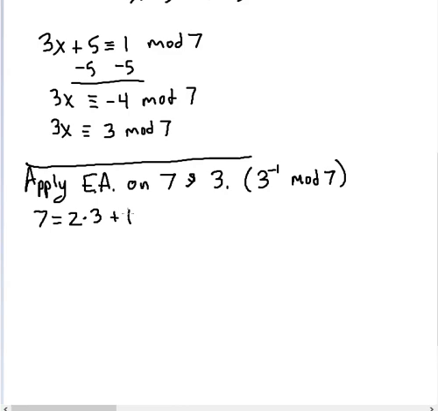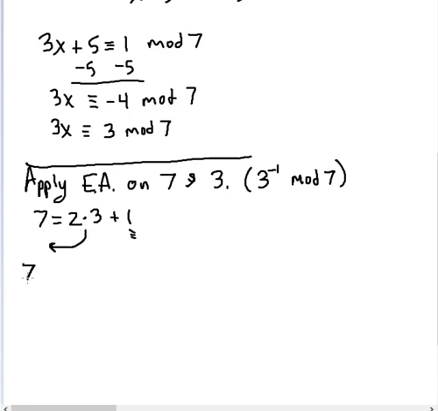7 is equal to 2 times 3 plus 1, and after that you get a remainder of 0. But the thing that we care about is ending in 1. So I want to point out we can do some sorcery here, and that is I can subtract this over.